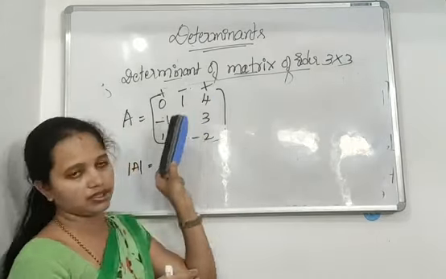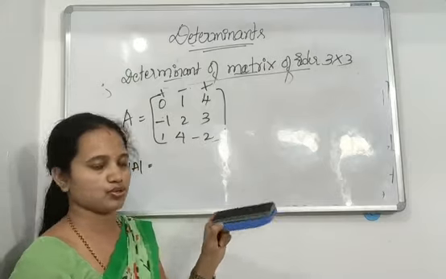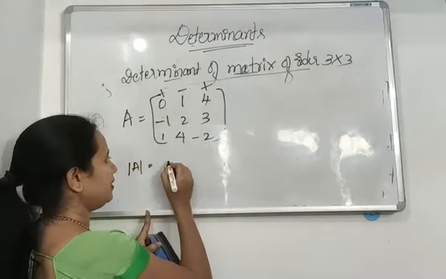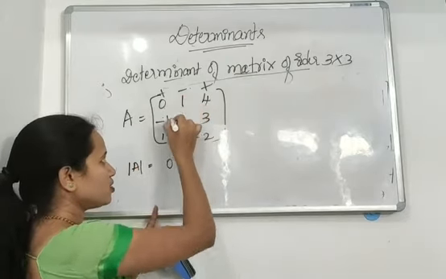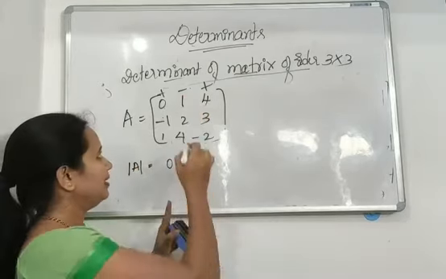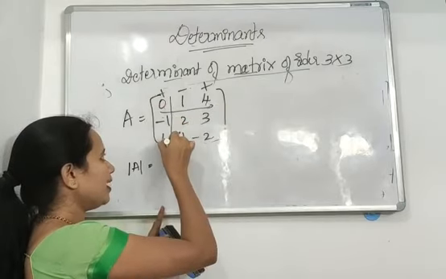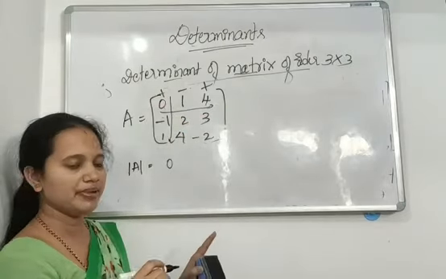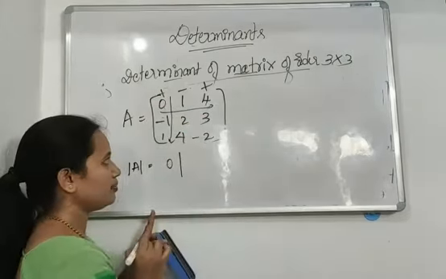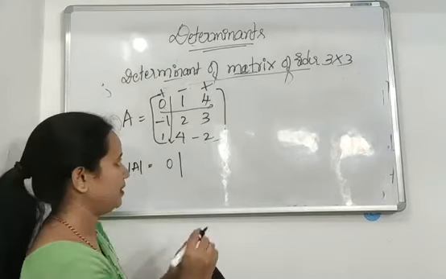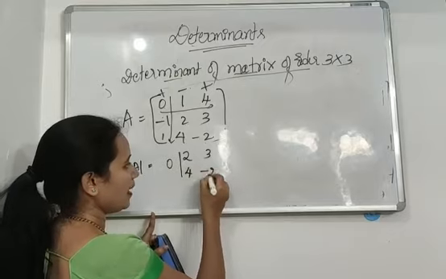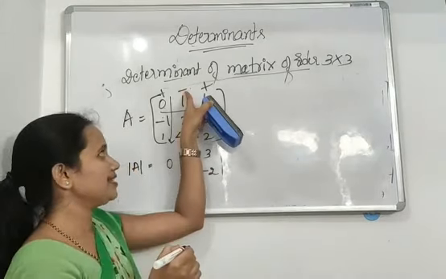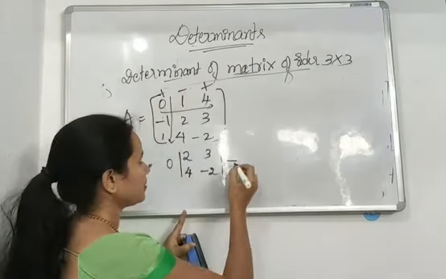So expand the matrix along the first row. Here the first element is 0. 0 lies in the first row, first column. Delete the first row and first column elements and consider the determinant of the remaining 4 elements: 2, 3, 4, minus 2. And the middle sign is minus.